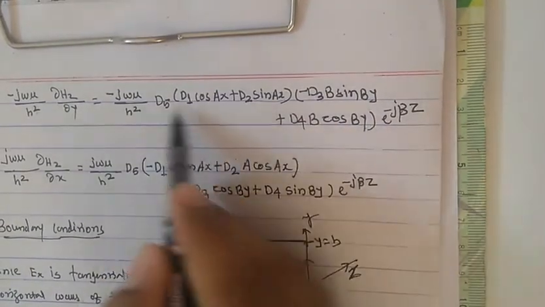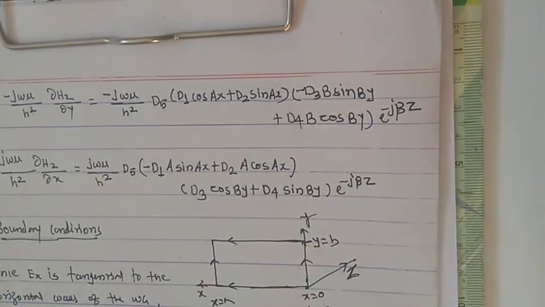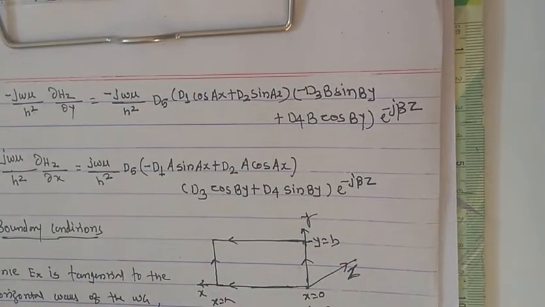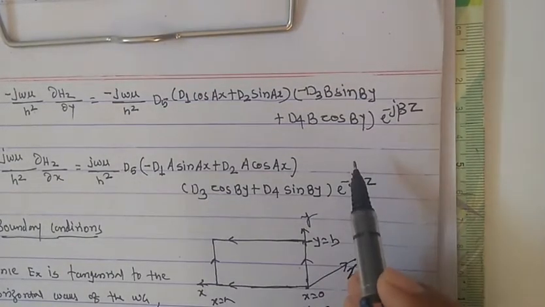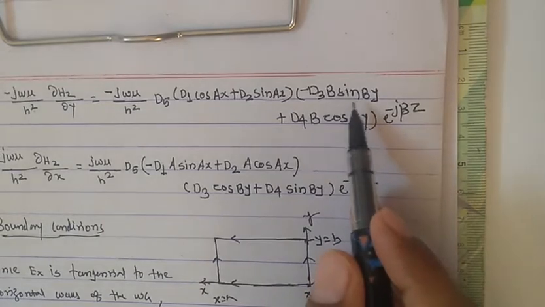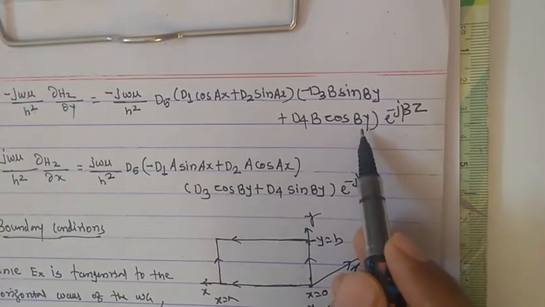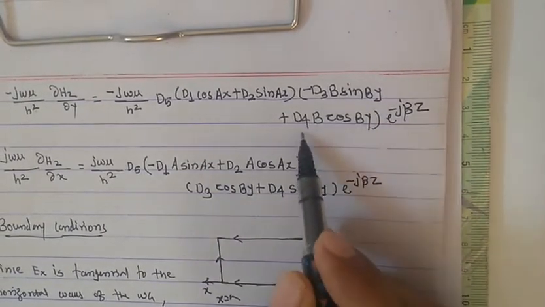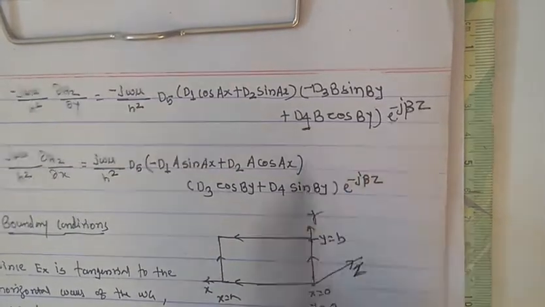Look at this equation. So this sine 0 will be 0. This cos 0 will be 1. So this constant must be 0. The solution will be d4 must be 0.